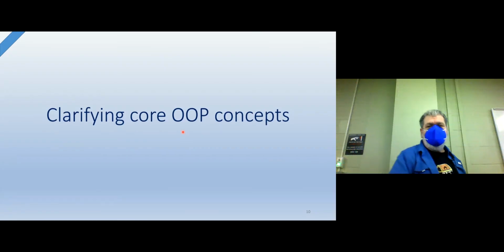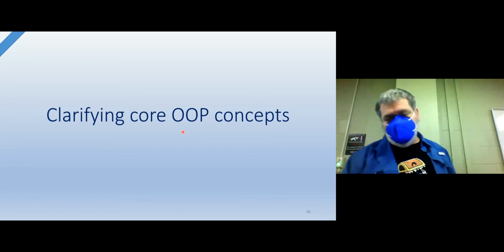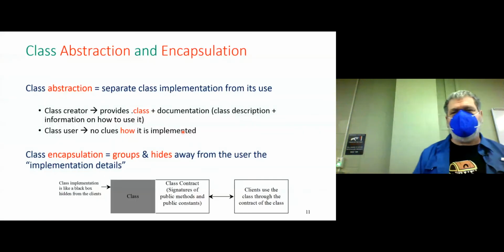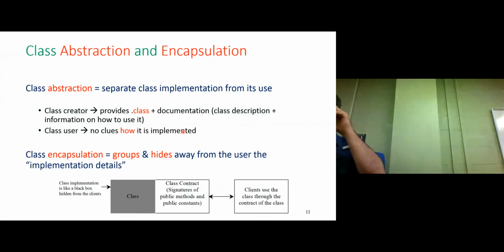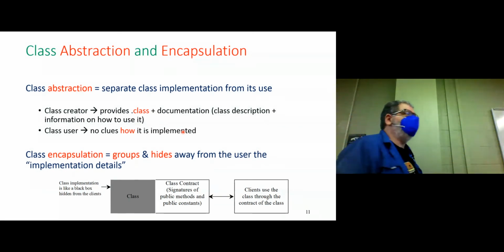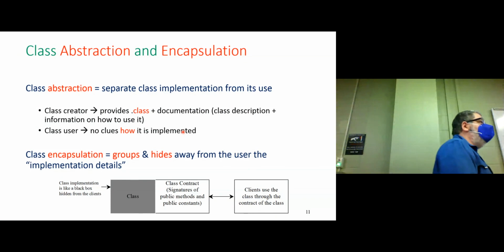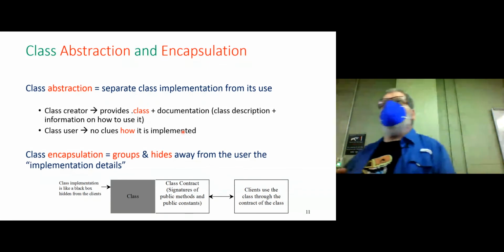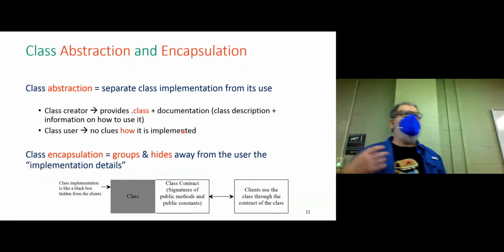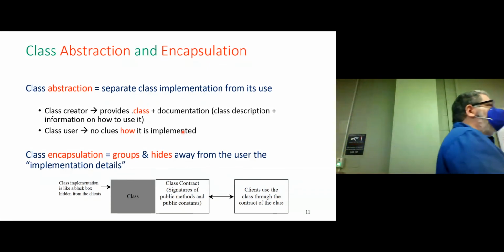All right. So there are two core object-oriented concepts that I've tried to carefully avoid defining until now. You've heard me use the terms abstraction and encapsulation, mostly because once you've learned those terms, it's very difficult to carry on a conversation about programming without ever mentioning them. But I never formally defined them.